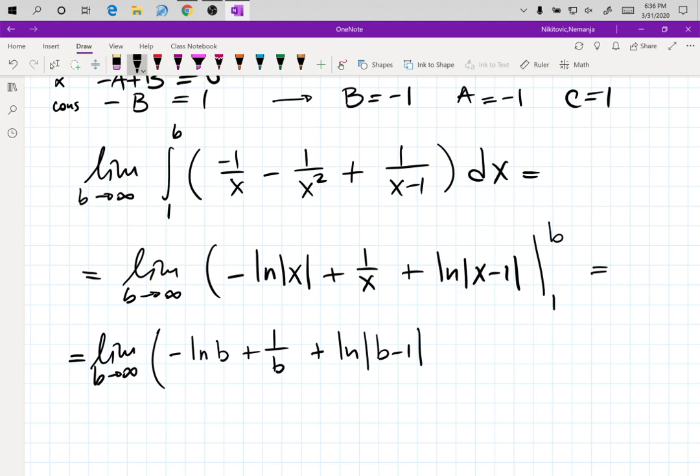Then minus and minus will give me plus ln of 1 minus 1, because there is a minus in the formula, right? And finally minus ln of 0. Now, when you plug in infinity, we know this one is going to go to 0. ln of 1 is 0, so those terms don't bother us.